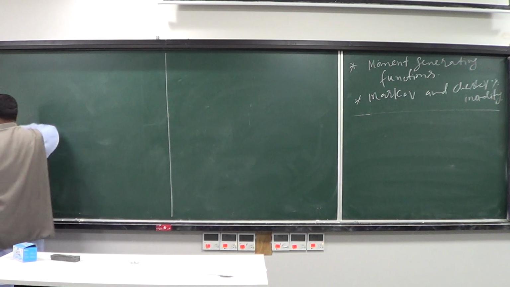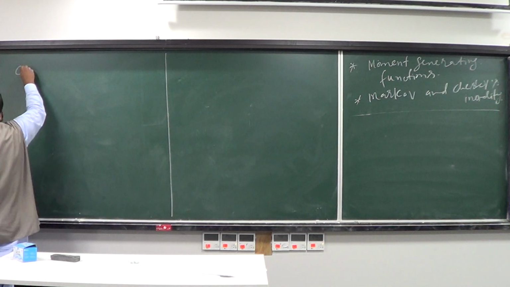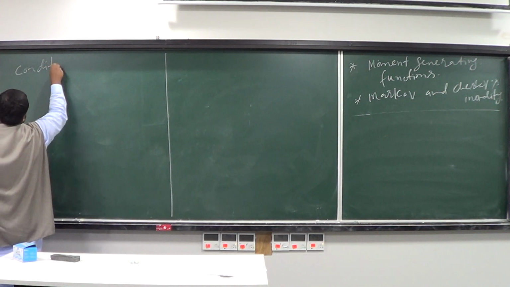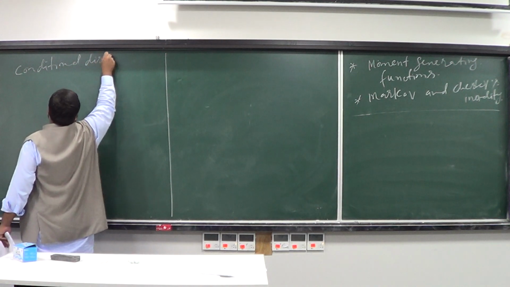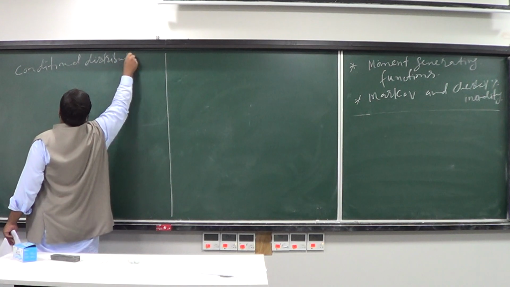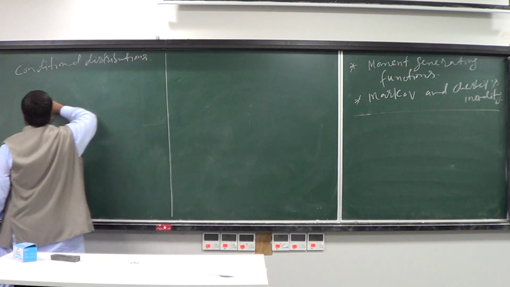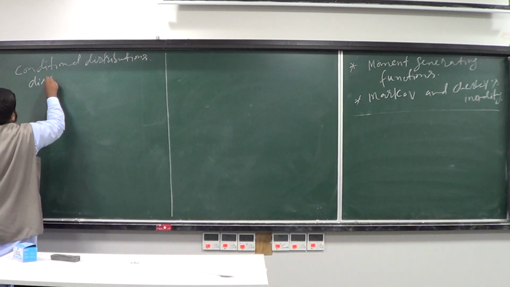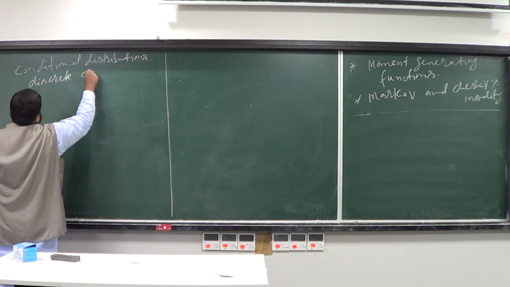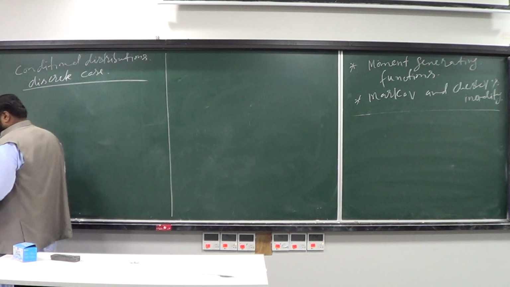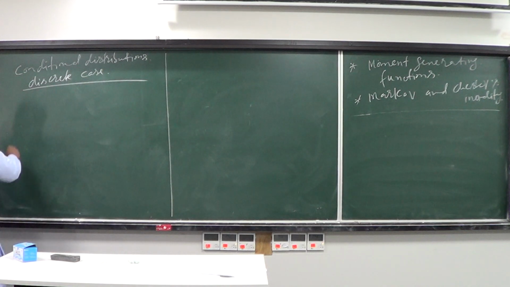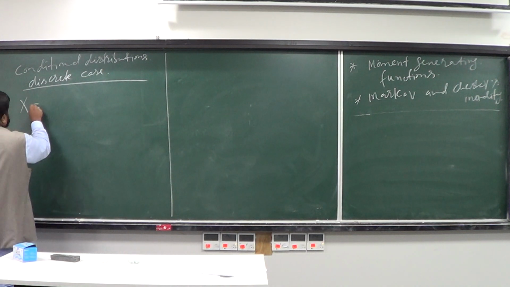So let's start with conditional distributions, but in the discrete case. Suppose X and Y are discrete random variables.